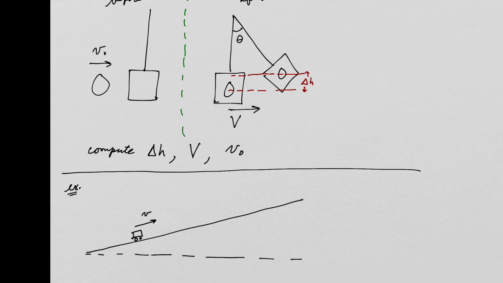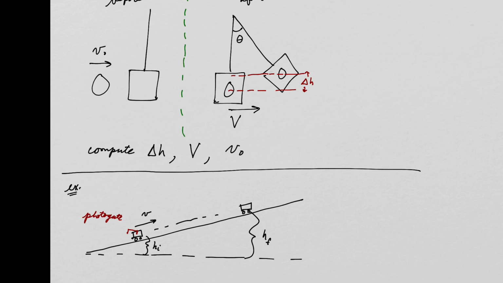I don't know how to draw that. Let me do it in red here. So there was like a photo gate here. So you could calculate the initial velocity, and you could also find, I'd have to give you like the height, right, the initial height. And then it traveled up the ramp, and then at some point, it was at the highest point where it had zero velocity, but it had some final height.